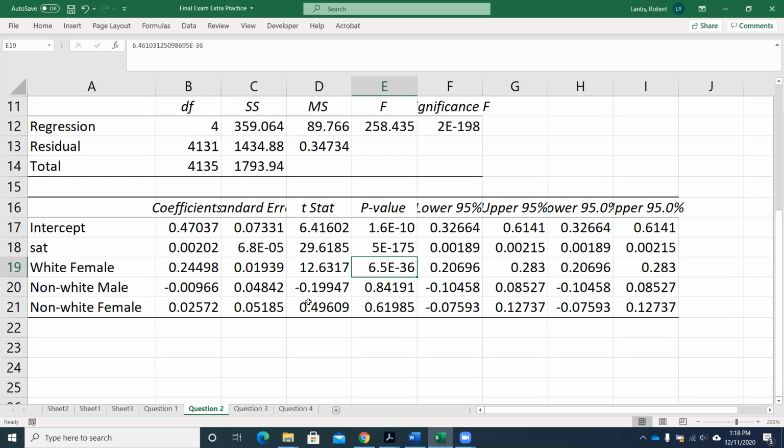We're missing a lot of other control variables here, so it's not worth thinking too hard about this. But it might be evidence that there's something going on with gender here, or specifically the white female group relative to white male. There's something driving their GPAs up a bit, and so this is interesting.